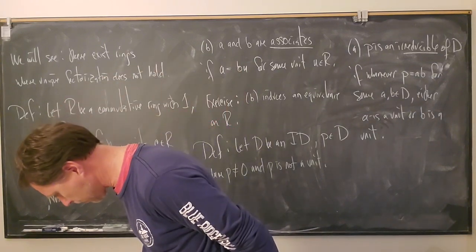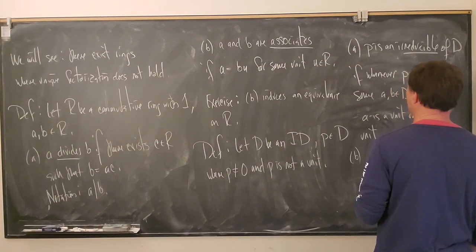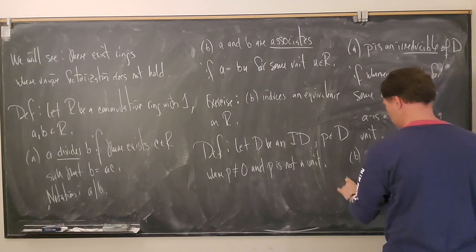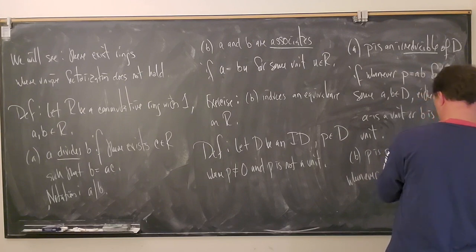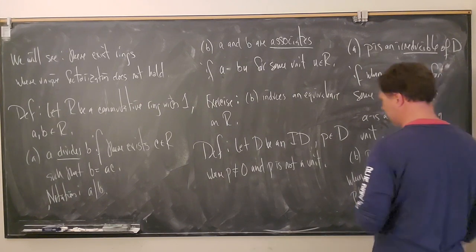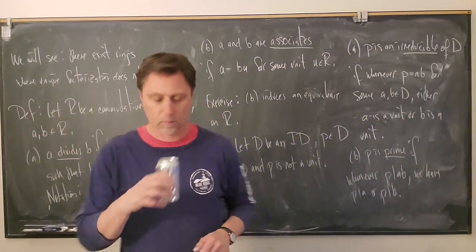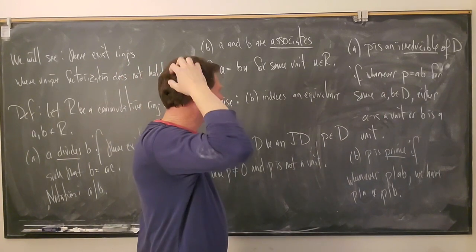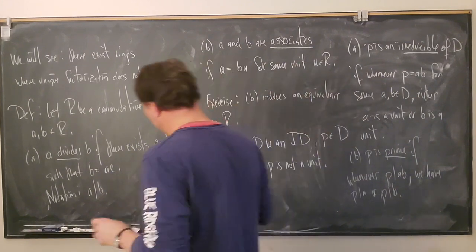And then part B, P is prime if whenever P divides A times B, we have P divides A or P divides B. Okay, so there's some terminology. And some observations. We need some observations here.